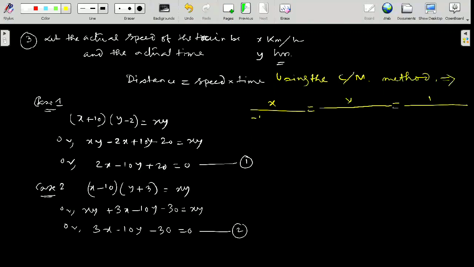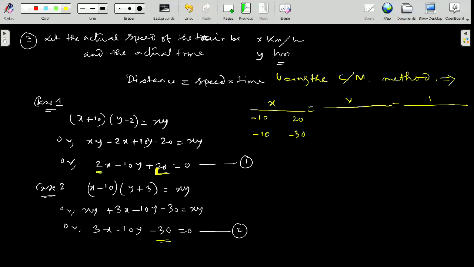First coefficient is minus 10, second will be minus 10 again, and the constants are 20 and minus 30, isn't it? So write 20 and minus 30. And when you are calculating for y, you leave the coefficients of y and write only the coefficients of x and the constant. Here the coefficients of x are 2 and 3, isn't it?